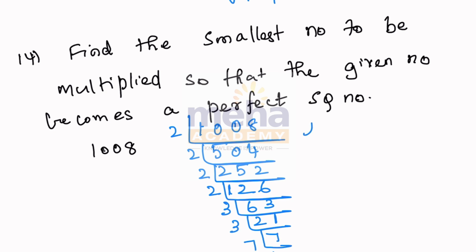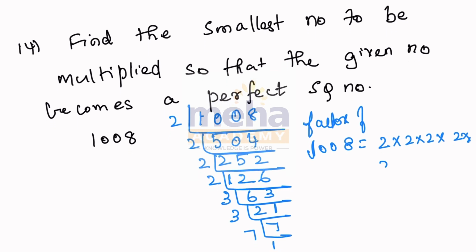So the factors of 1008 are 2 into 2 into 2 into 2 into 3 into 3 into 7. Now try to pair them up. All the numbers are paired except 7. So 7 has no pair.